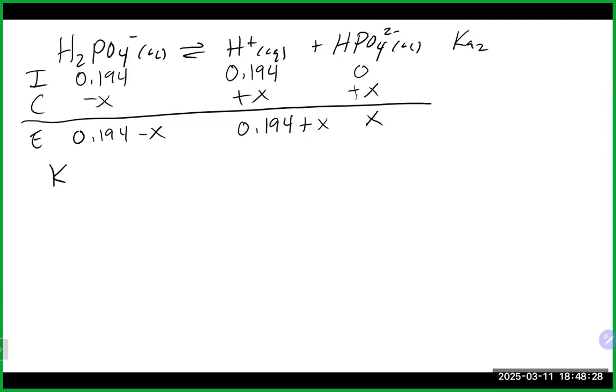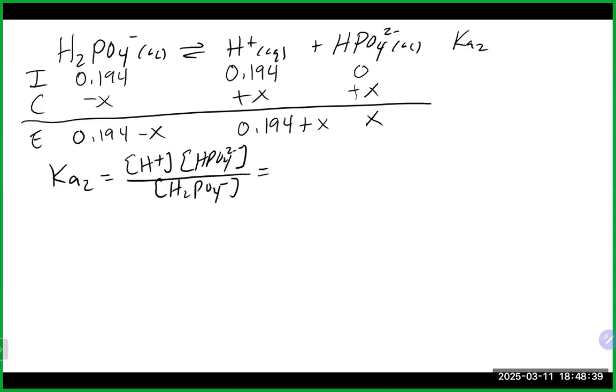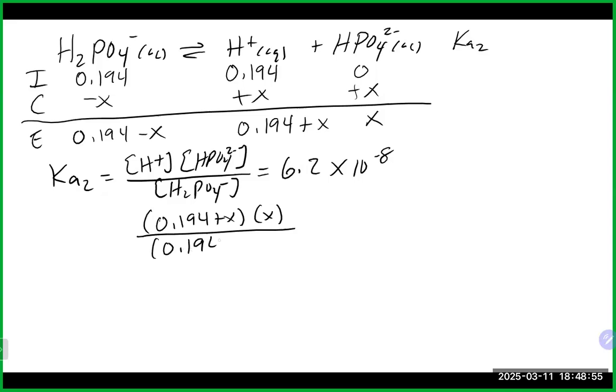This is going to go into our Ka2 expression of H plus times HPO4 2 minus divided by H2PO4 minus. And that's going to equal our Ka2 value of 6.2 times 10 to the minus 8. We're going to put in our values here, which will give us 0.194 plus x times x, divided by 0.194 minus x, is equal to 6.2 times 10 to the minus 8.